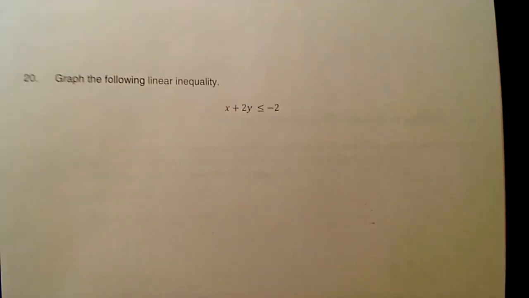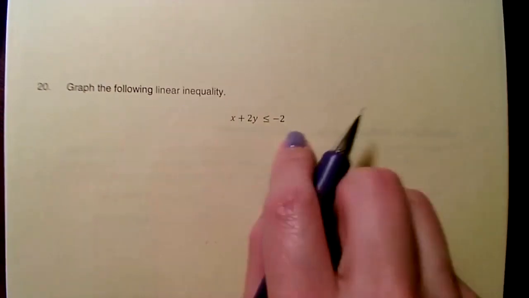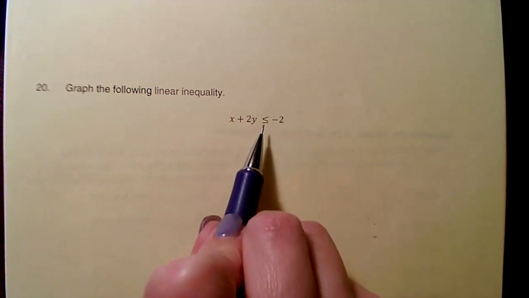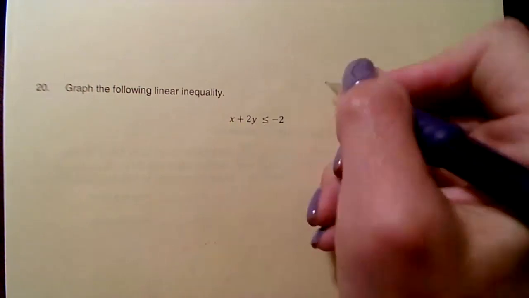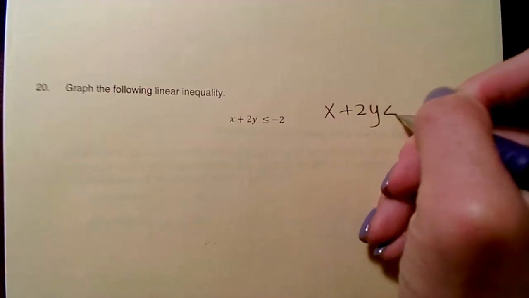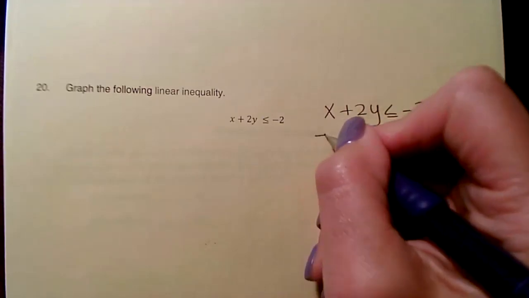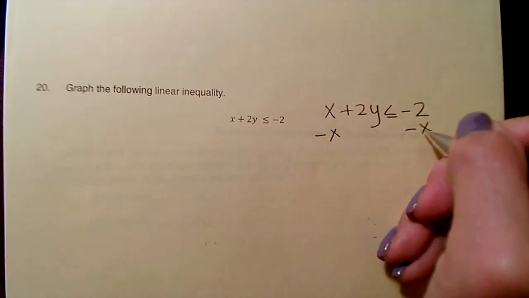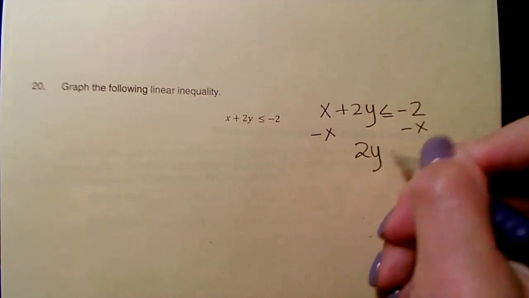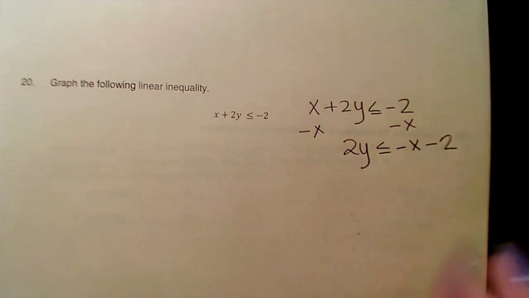Okay, so number 20, again, I need to graph the linear inequality. Careful, this one is less than. So let me get it in the form y equals mx plus b. So it's 2y equals negative x minus 2.